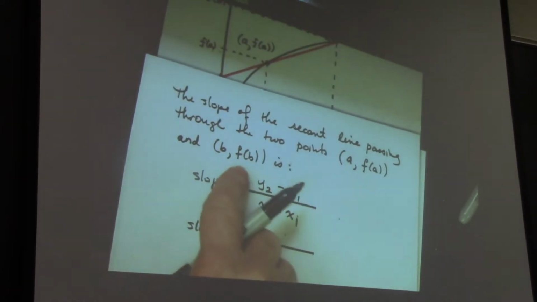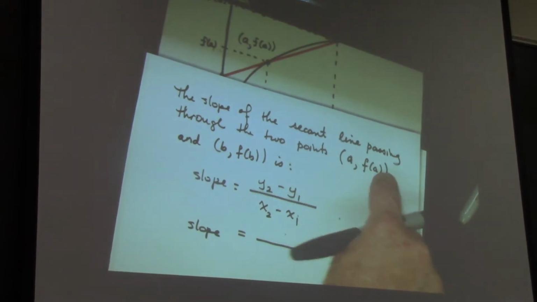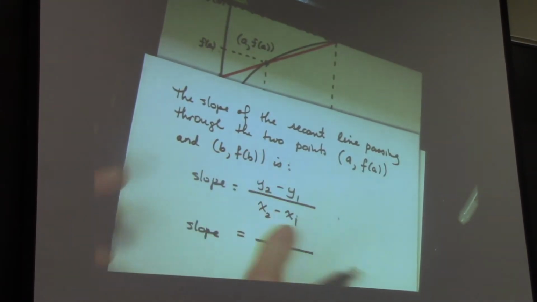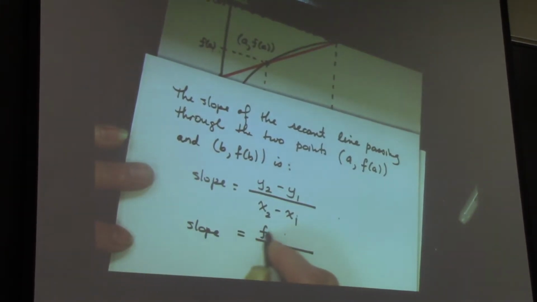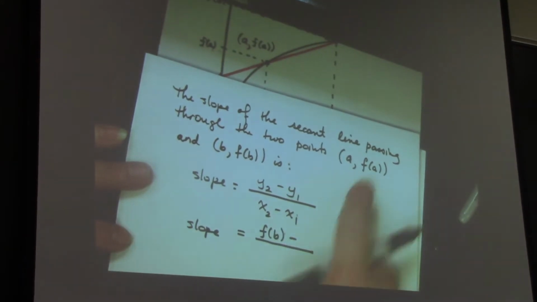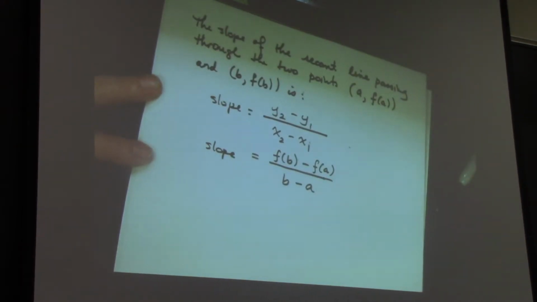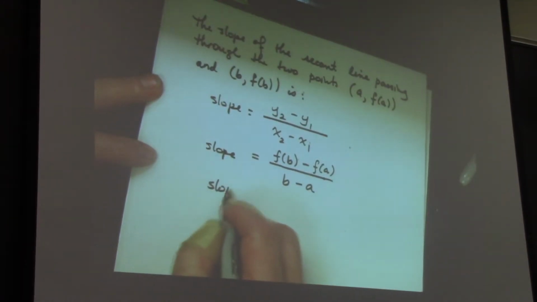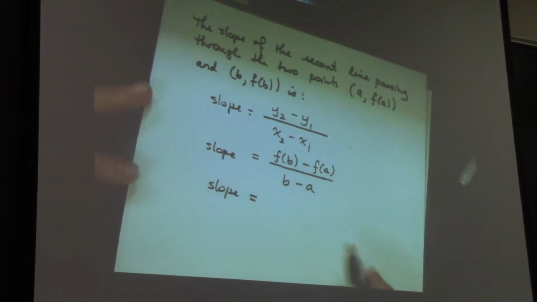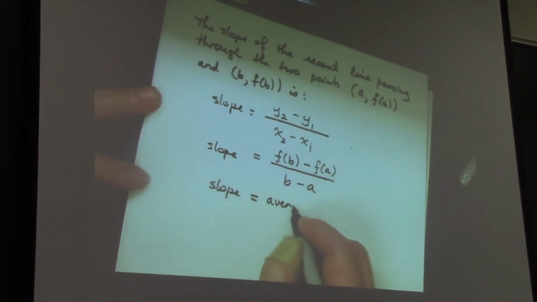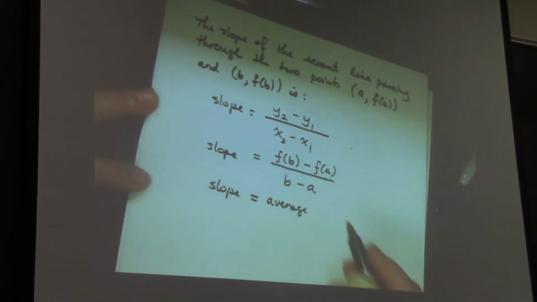Let's say this one is x1, y1, and this one is x2, y2. Then y2 is f of b, y1 is f of a, over x2 minus x1 over b minus a. So in other words, the slope of that secant line is the average rate of change of the function from x equals a to x equals b.